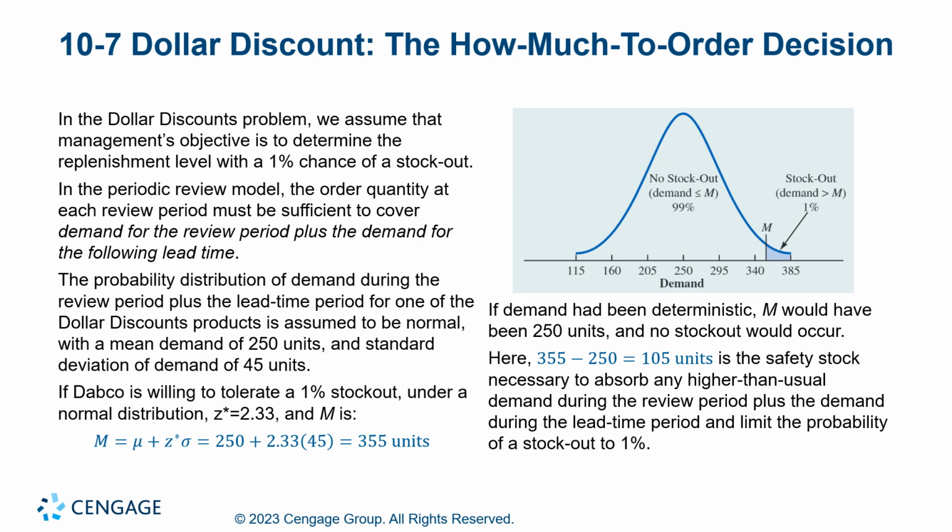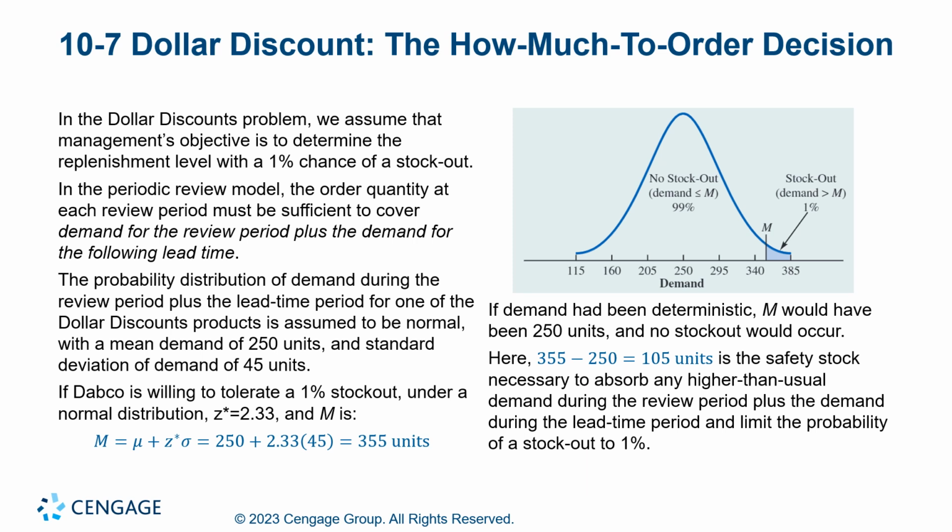In the periodic review model, the order quantity at each review period must be sufficient to cover demand for the review period plus the demand for the following lead time. Suppose that an order is to be placed at time t.